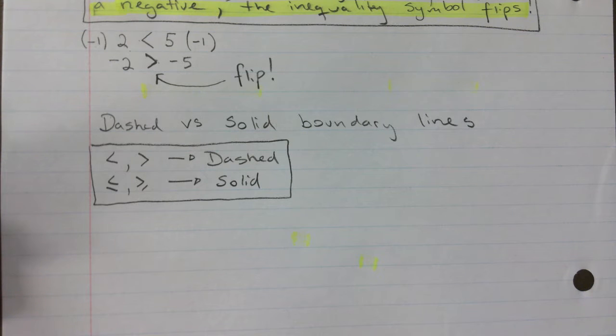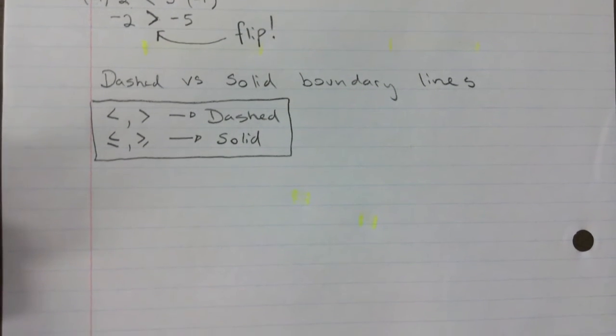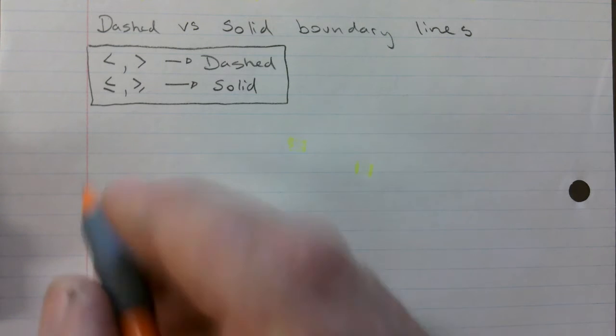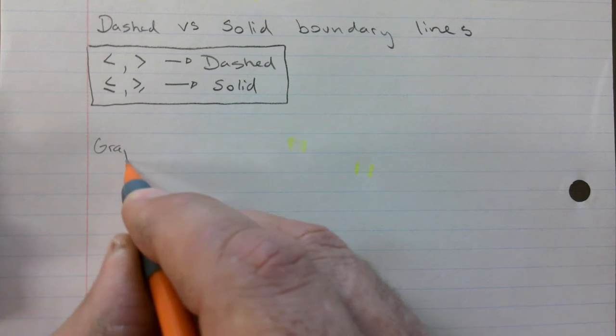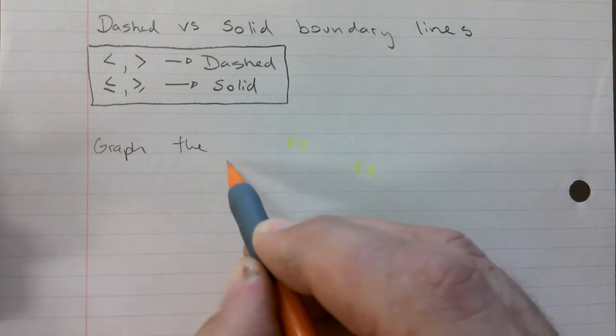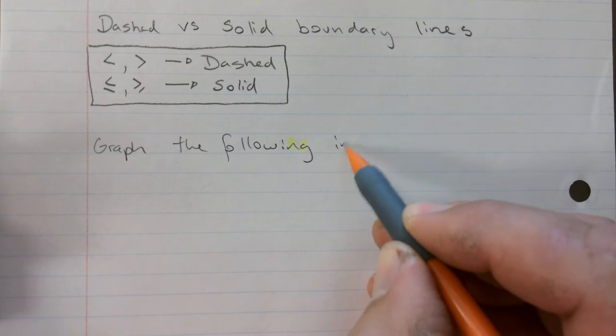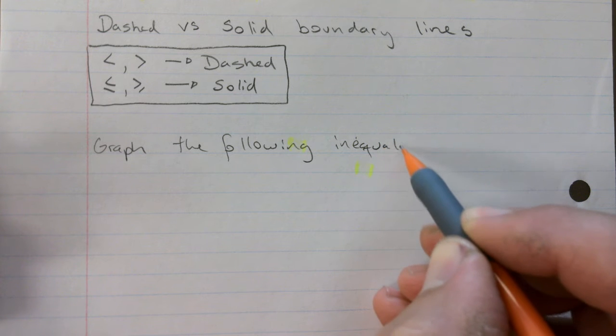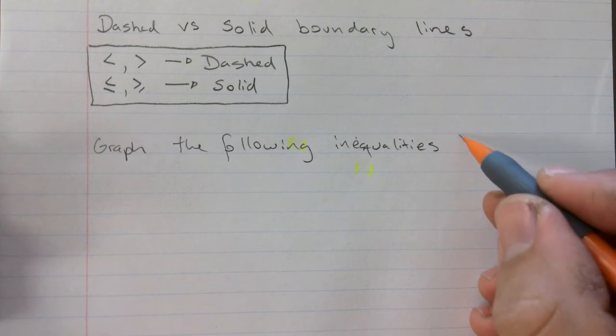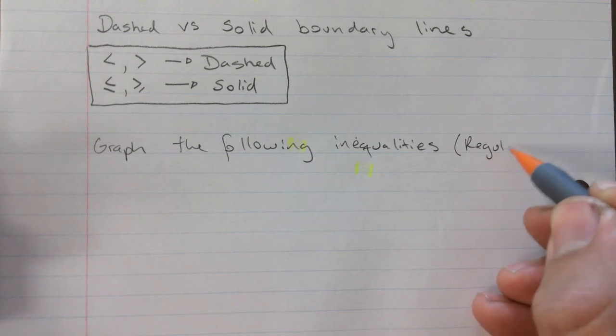Okay, so we're going to graph now. Now we're ready to graph now that I told you that. Graph the following inequalities. And I'm going to tell you, use regular shading.